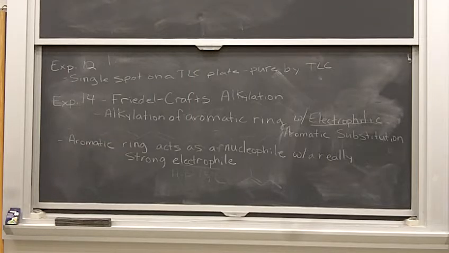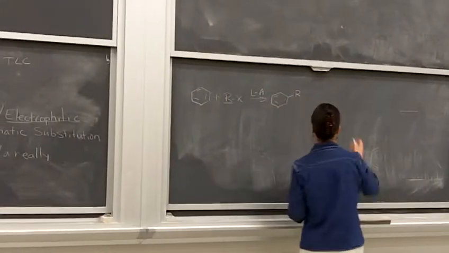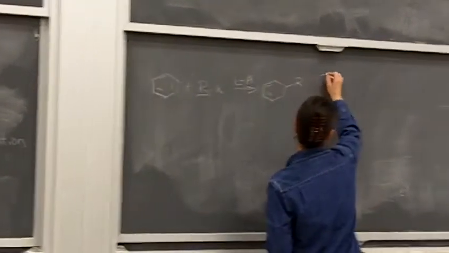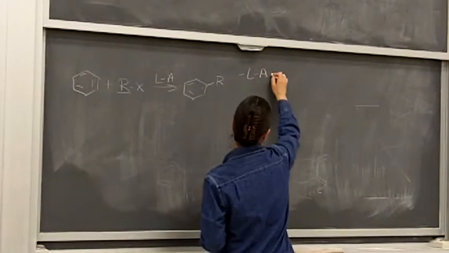That helps us prepare that carbocation, prepare our electrophile. And then in the process, we get the R group from our alkyl halide to add on to our aromatic ring, okay? And so LA is our Lewis acid.